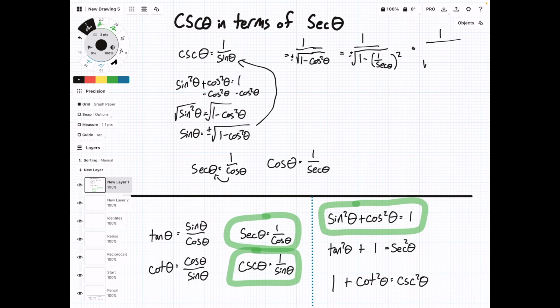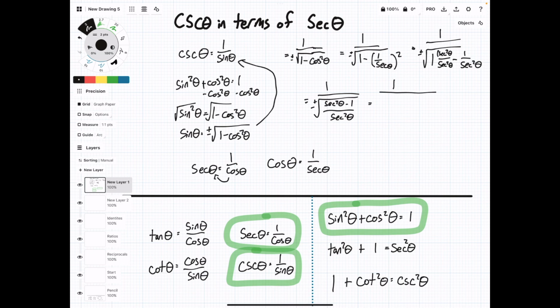And we can simplify this a bit to 1 minus 1 over secant squared theta. And now what we want to do is get this 1 with a secant squared on the bottom. So we'll multiply it by secant squared theta over secant squared theta. And now we have plus or minus the square root of secant squared theta minus 1 over secant squared theta.